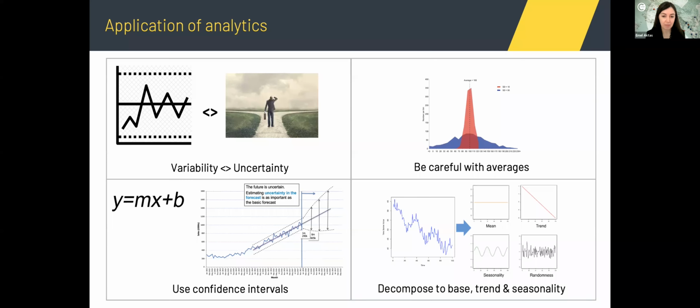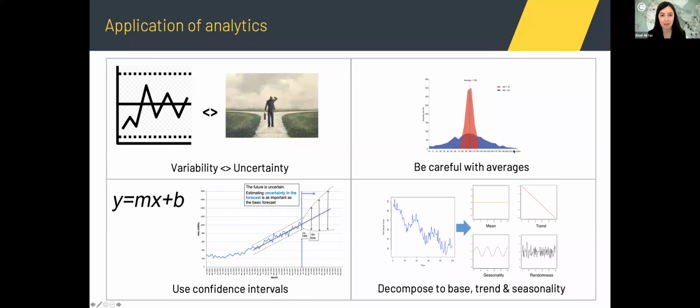So going forward, we noticed that we are talking quite comfortably in averages, but talking about the average without the standard deviation, without how much variability there is in that demand series is incomplete. So for example, on the top right panel, you see a blue shaded bell curve and a red shaded bell curve. And you can see they both have the same average.